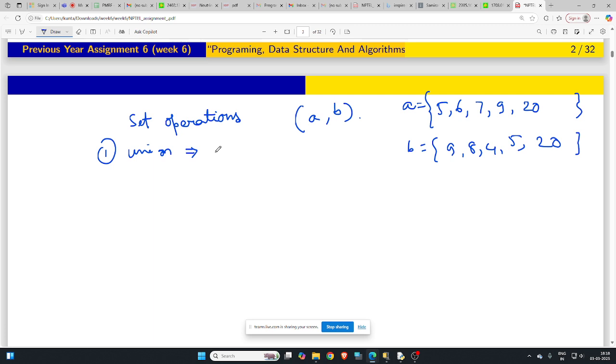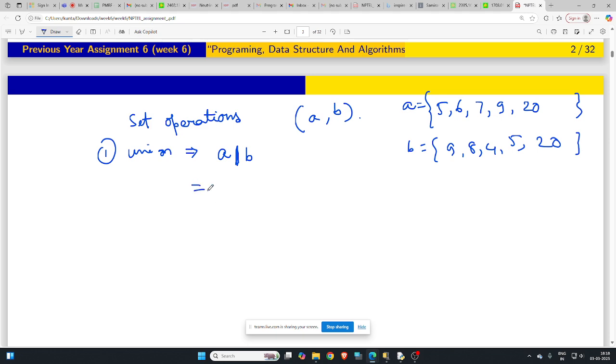So how will it work for the union case? Let me write here. The union case will be represented by A and this symbol and then B. You can see it on your keyboard as well. So this represents A union B.